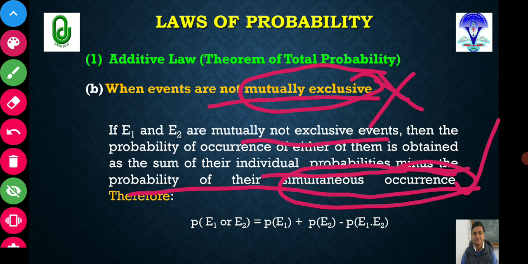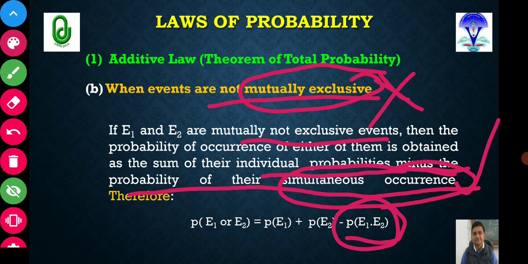And how will it be changed? So P, that means probability of occurrence of E1 or E2, is equal to probability of occurrence of E1, that means event 1, plus probability of occurrence of E2, that is probability of occurrence of event 2, and the sum of these two probabilities will be subtracted by the probability of joint occurrence or simultaneous occurrence of these two events, that is P(E1 ∩ E2).